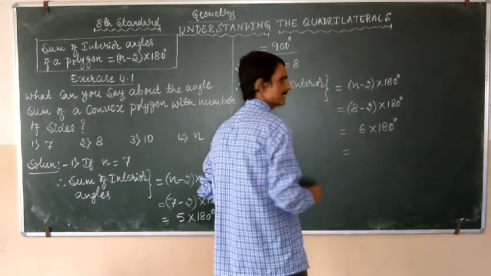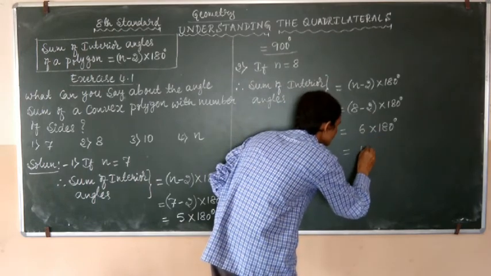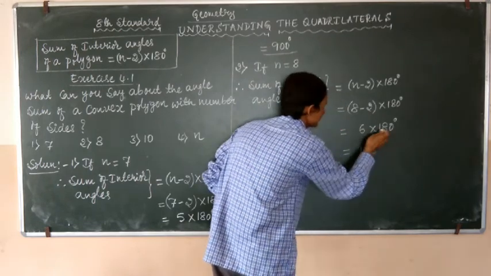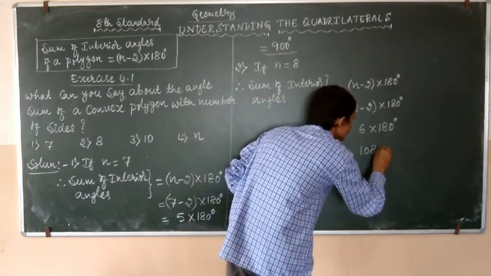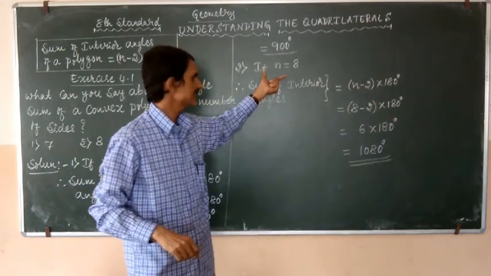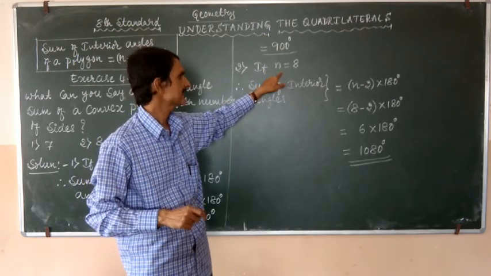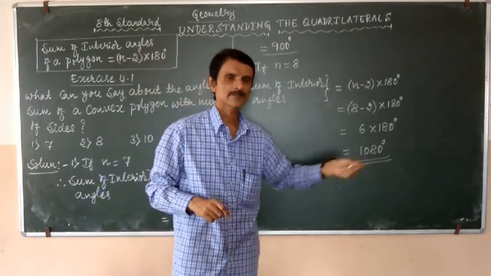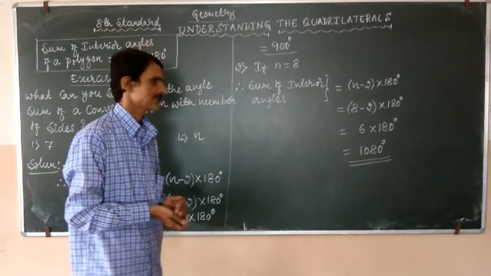If you multiply 6 into 180, 18 sixes are 108, then 0. So the sum of the interior angles of the polygon having 8 sides will be 1080 degrees.